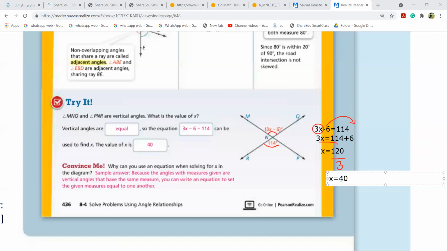I will explain once again. Girls, everyone got it? Yes. I got 40. Multiplication becomes division. Minus 6 goes and becomes plus 6 and I got x equal to 40.